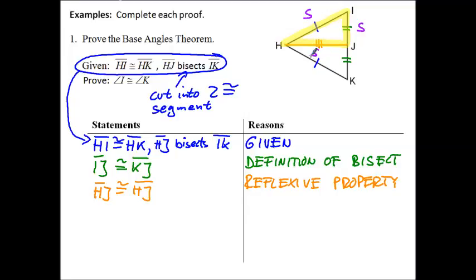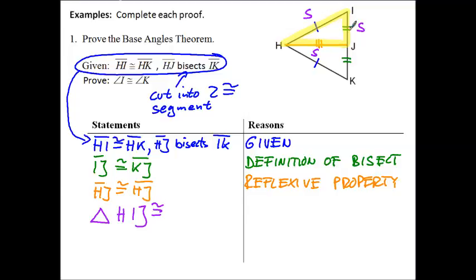So we can say that triangle HIJ is congruent to, and now we have to follow the same sequence. If we went from H to I and to J, we went over the side that was marked with one congruent mark, and then over the side with two congruent marks.